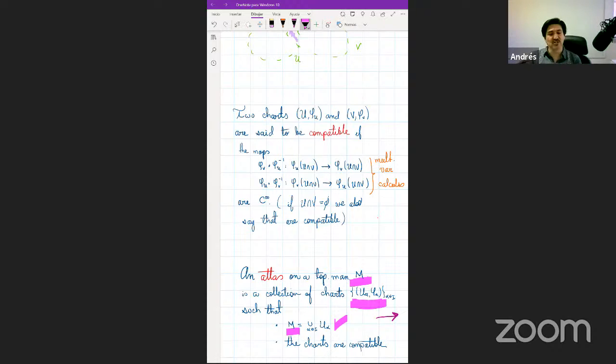The second condition must be a strong condition. I will require that any two charts of the atlas are compatible. So that's going to be an atlas on a topological manifold. A collection of charts that cover the whole manifold, and the charts are compatible. And that's what I call an atlas.